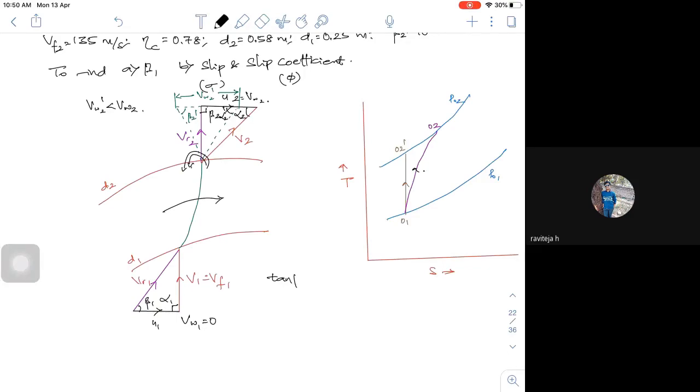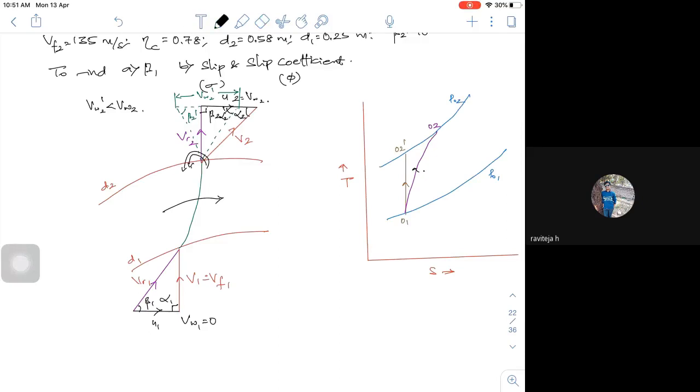Because of that my whirl velocity will start reducing, and my VW2 dash will be less than your VW2, and instead of fluid exiting radially, it will take a deviation and exit at some other angle, which is beta 2 dash. Fine. This is how the modified velocity triangle will look for this condition, where I am going to calculate the corresponding slip.